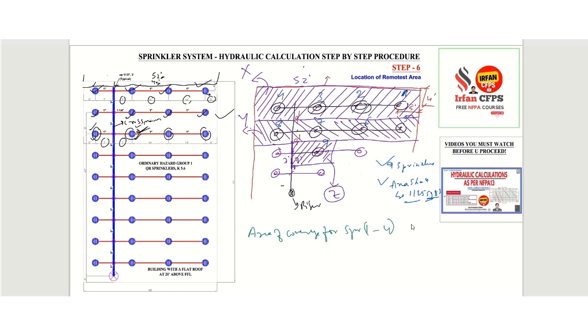So this one, X, we already mentioned, is nothing but 52 feet multiplied by this one. Since we already have this one as 4 feet, and this will be 4 feet 6 inches, the total will be 8 feet 6 inches, which is equal to 442 square feet.